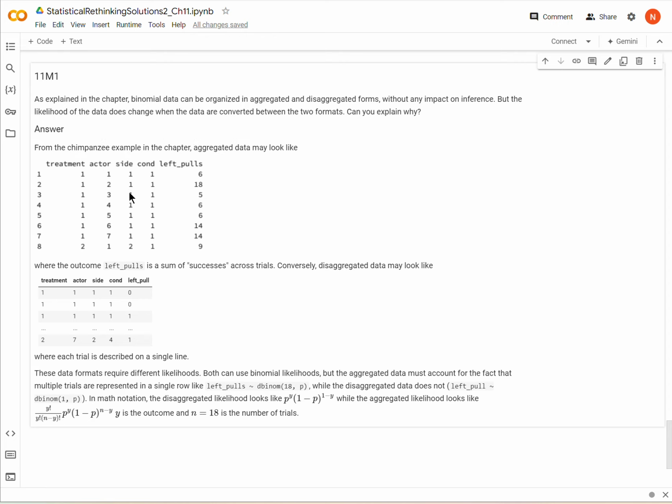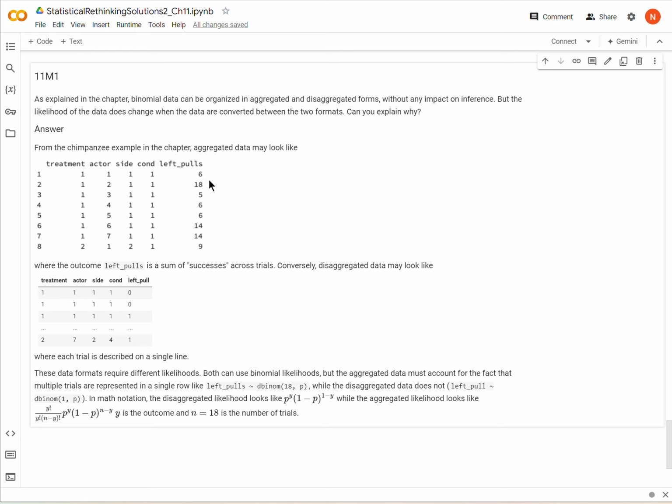This is just a screenshot of the textbook of a certain part. In the aggregated data, it might look something like this, where importantly, the outcome variable left pulls here is the number of, call it, successes out of however many trials.